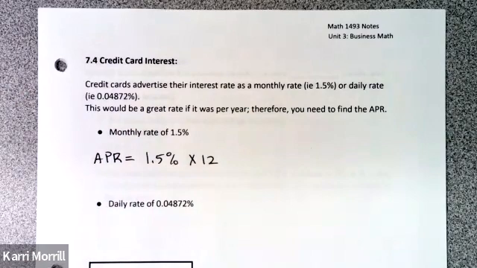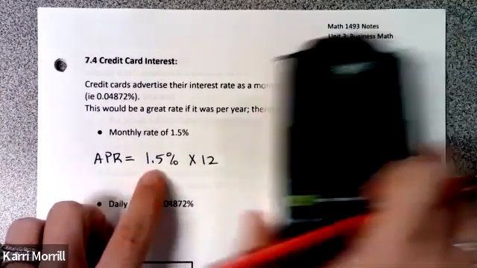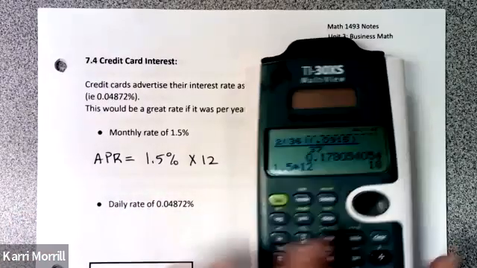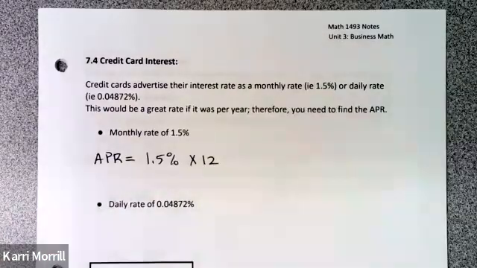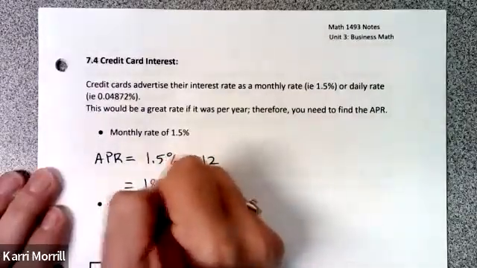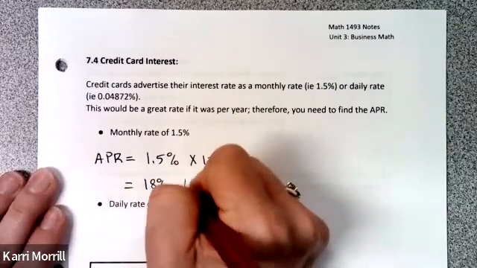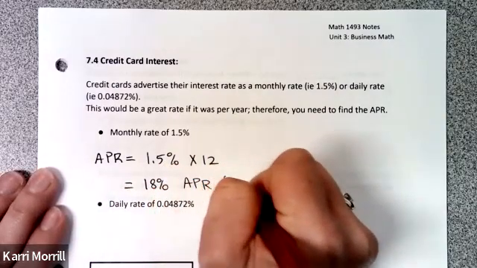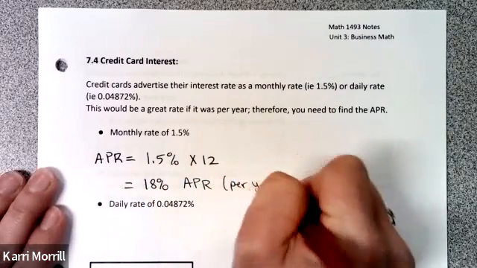You just say 1.5% times 12, and you could even keep it as a decimal, since otherwise you'd have to convert it back, because you're wanting to represent it as a percent. So this would be 18% per year. So 18% APR, which is really your per-year rate.